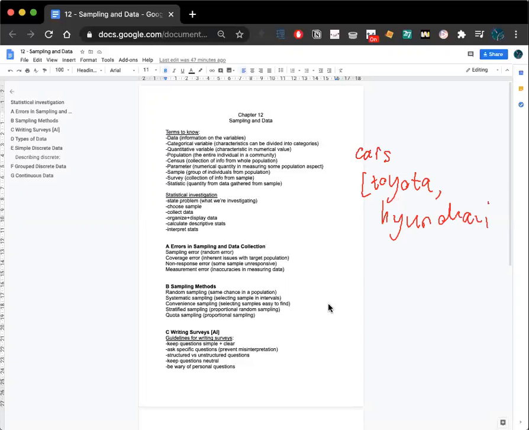And then we have the number of cars, like we have 1,000 cars for Toyota, and 750 for Hyundai. All of these are what you call data. So it's basically any information regarding the variable or the category that you have.